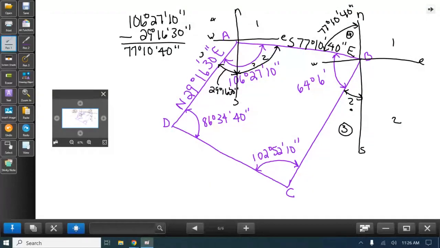So we can take 180 minus the addition of those two. Which should leave you 38 degrees, 43 minutes, 20 seconds.